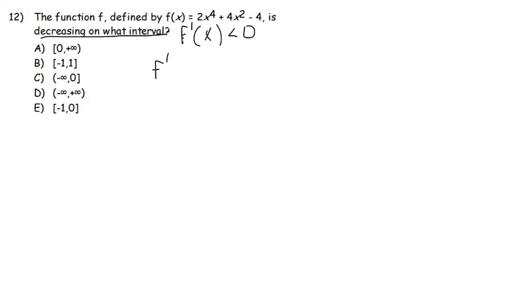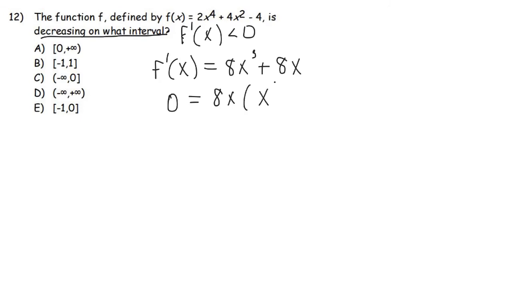F prime of x is going to be 8x cubed plus 8x, and then let's set this equal to 0, and it looks like we can take out a common factor of 8x, and let's see what's left over.